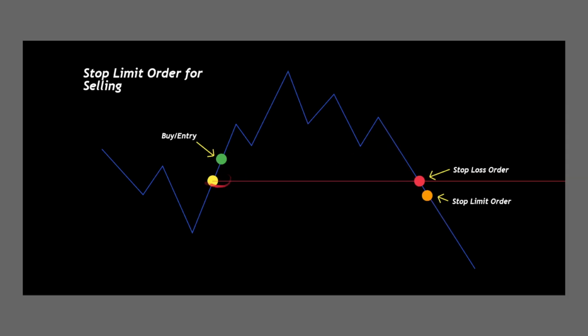If we have a stop loss or a stop limit in place, let's say we have just a stop loss, price comes down here, our stop loss order is triggered, and boom, our position is sold and we are protected.